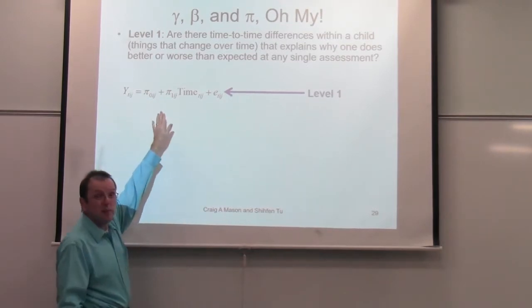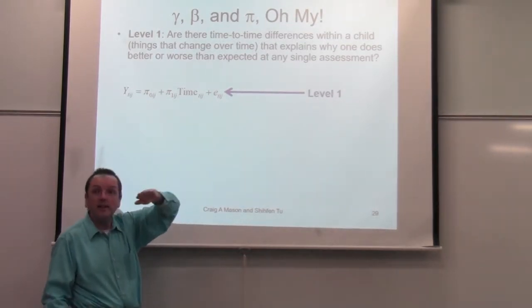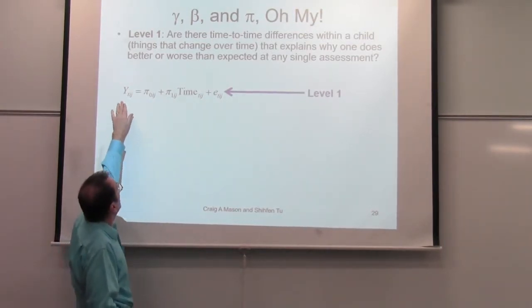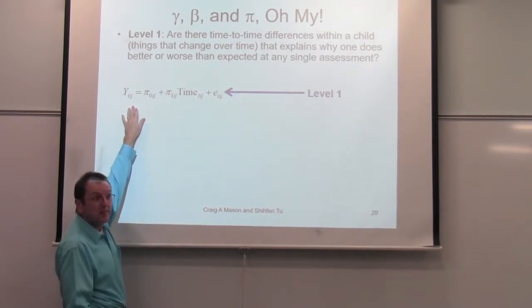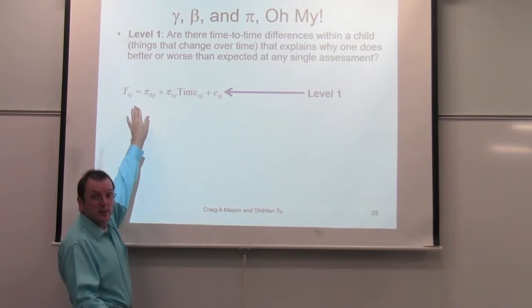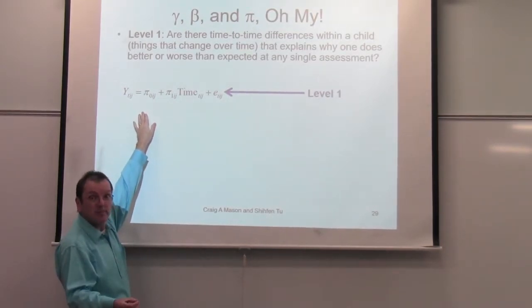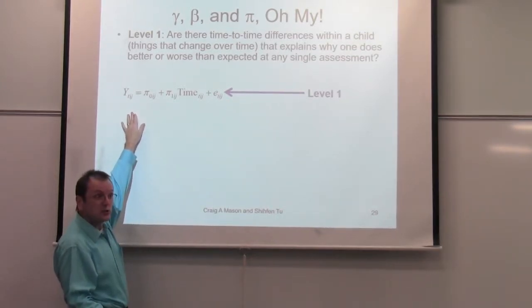That's just to keep track of the nesting and the level that you're on. So we have y sub tij. The tij is just a way of saying it's the score, the assessment at time t for kid i at school j.